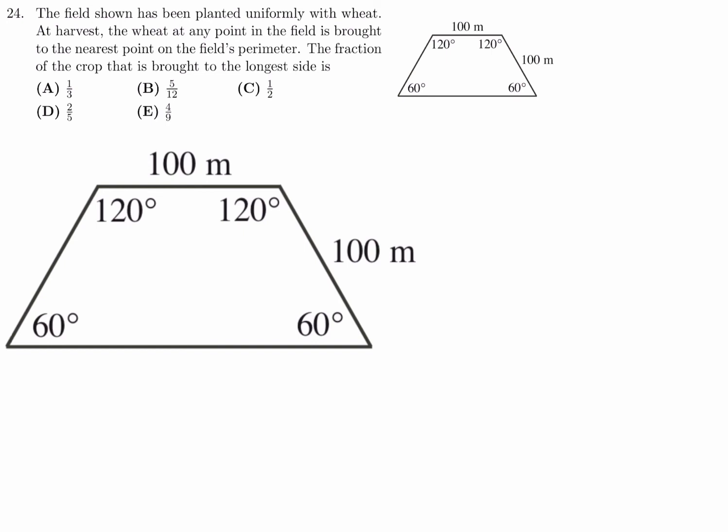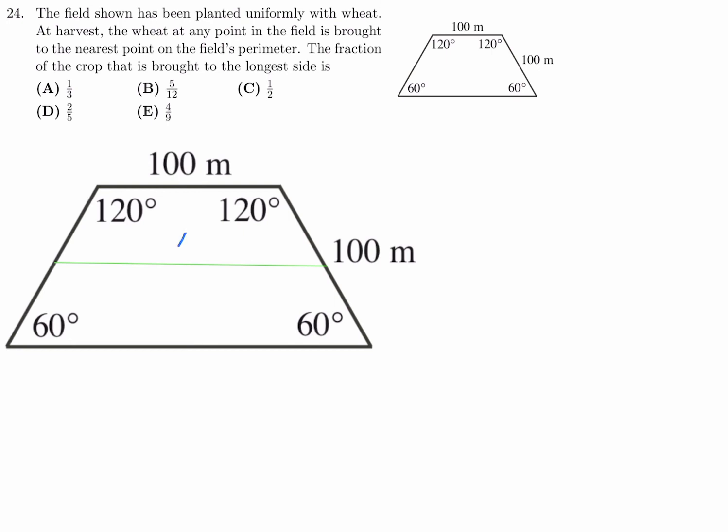The first thing is I'm going to attempt to draw a line that's exactly halfway from the top to bottom, so approximately here. I have drawn it in a way that it is equidistant from top to bottom, so the distance from here to here is equal to the distance from there to there. That divides this field into two sections.